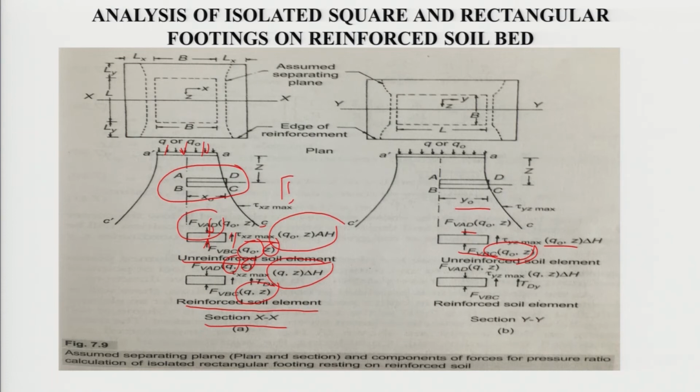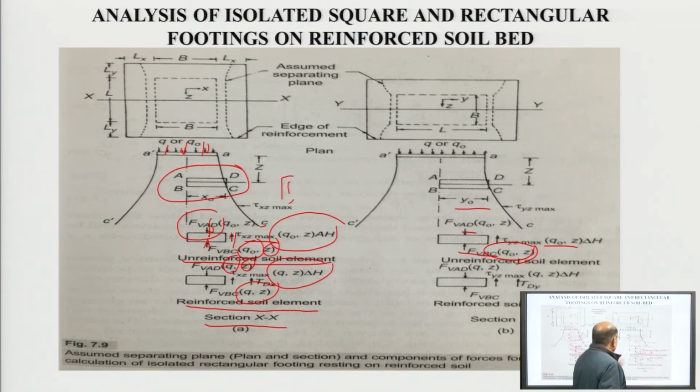In the same way, when the soil is reinforced, then the vertical force acting on the top face, that is A, D, acts downward, and the vertical force acting upward is on the FVBC face, VVC, and tau, the maximum shear force, will act from the side, and this is the TDY.